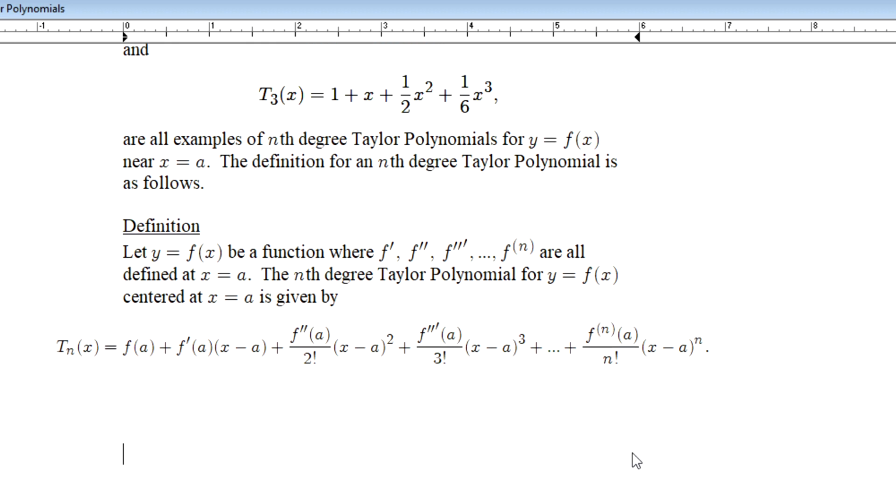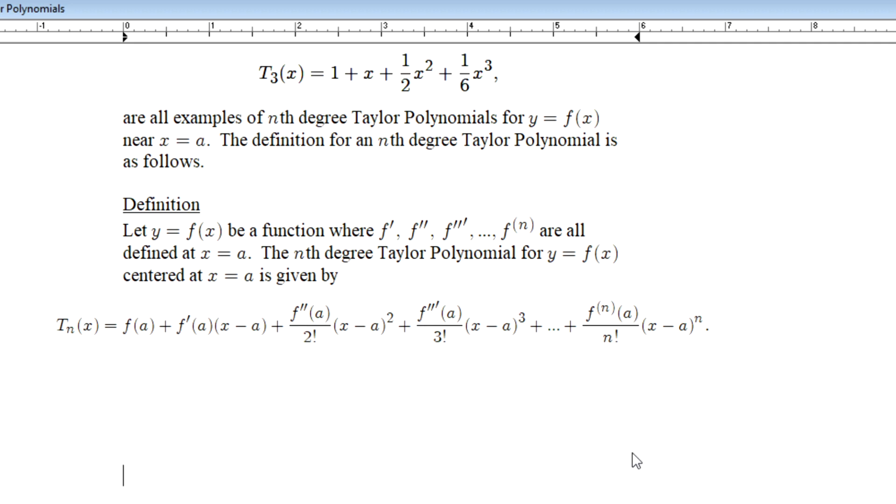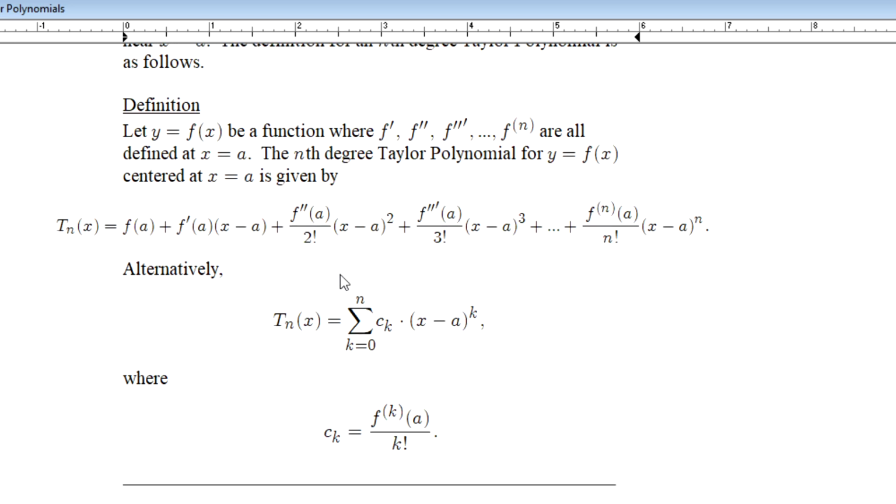Now, we can say that a little bit more concisely as follows. Alternatively, we can get a more concise description of that. What we notice is a Taylor polynomial, t sub n of x, is really just a finite series calculation. All right?